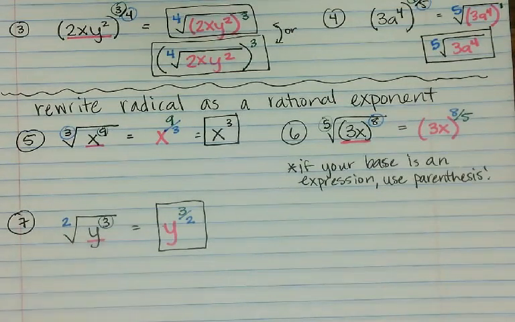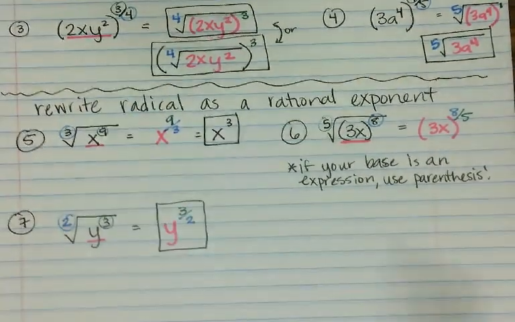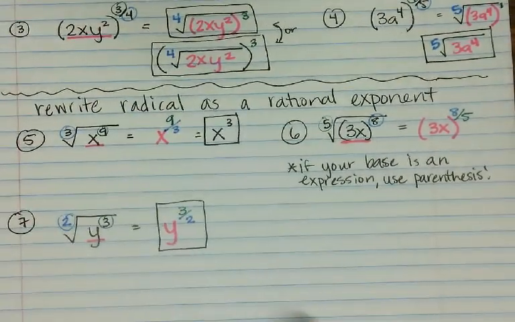I believe this is one of the only times in algebra that your invisible number is a 2. Okay, guys? And probably back in the day when they were first using radicals, they used that little 2 right there. But guys, the square root is the most common radical. So because it got used so often, they probably just ended up dropping the 2. Does that make sense, guys?